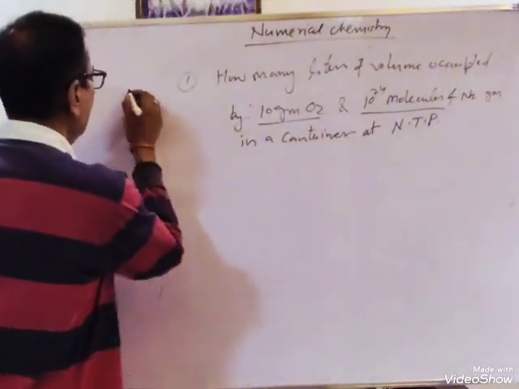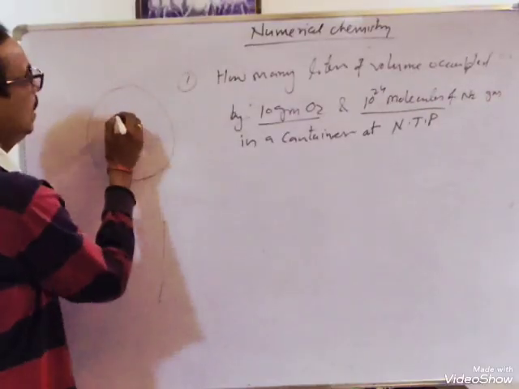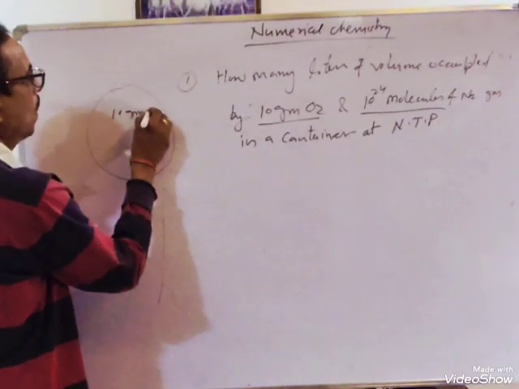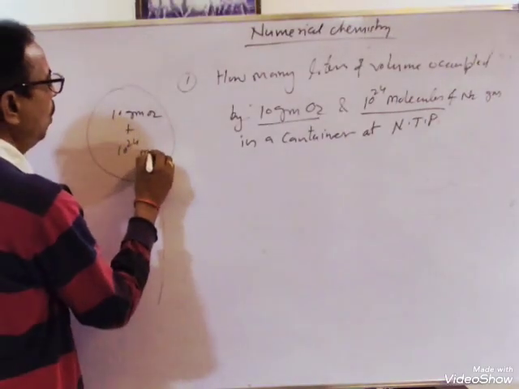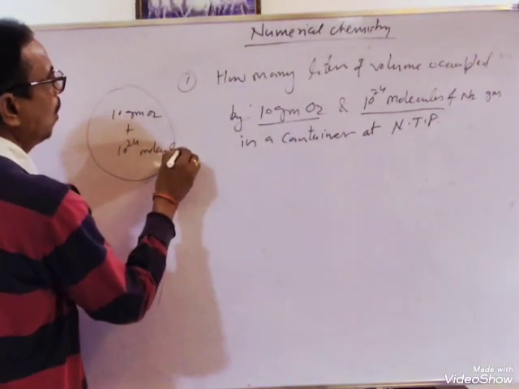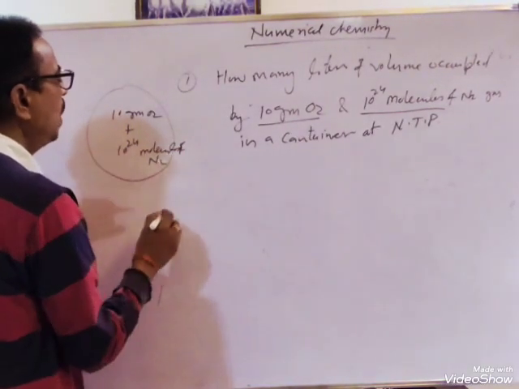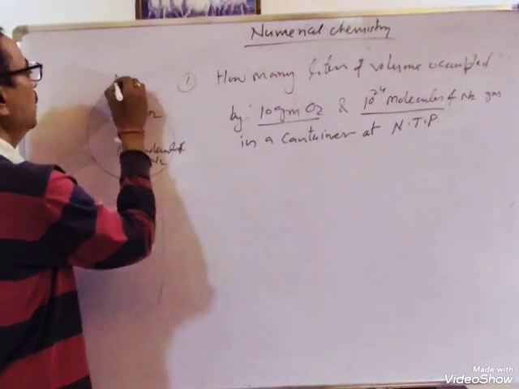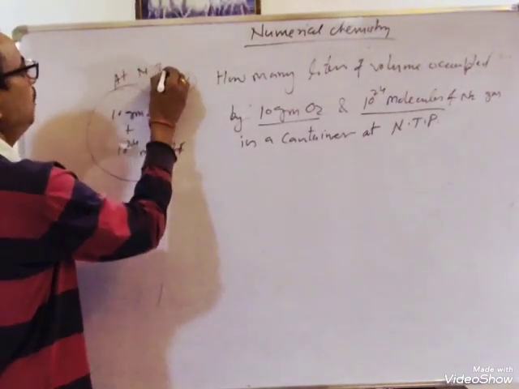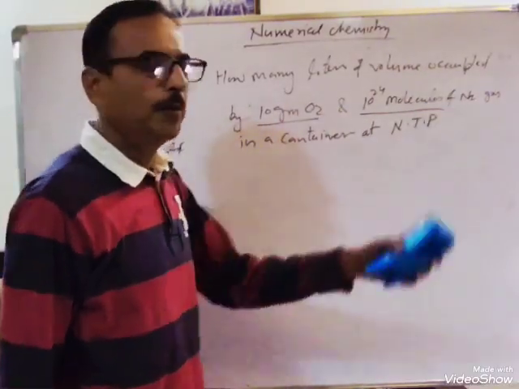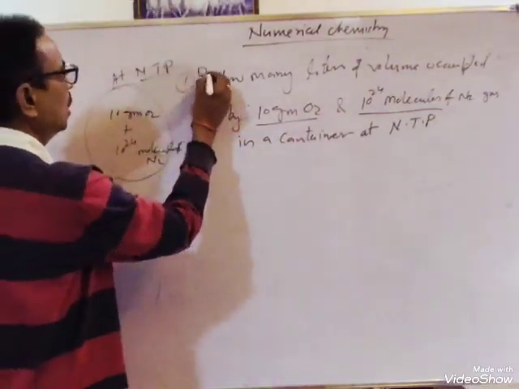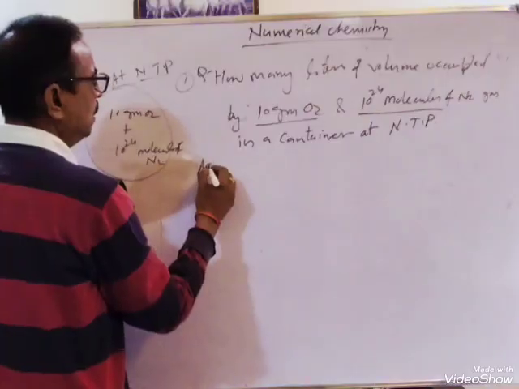This is a container. Here 10 gram oxygen है plus 10 की power 24 molecules of nitrogen. So what will be its volume at NTP? NTP means normal temperature and pressure. So this is the question, and it is very easy.